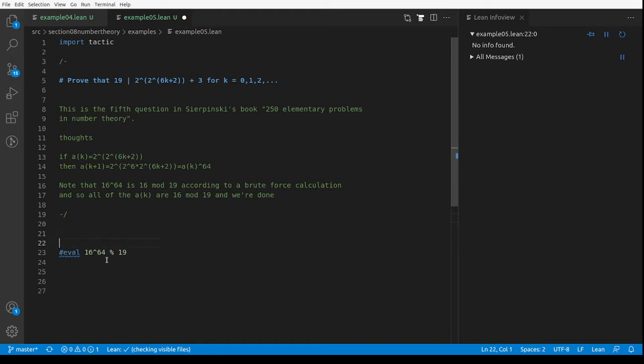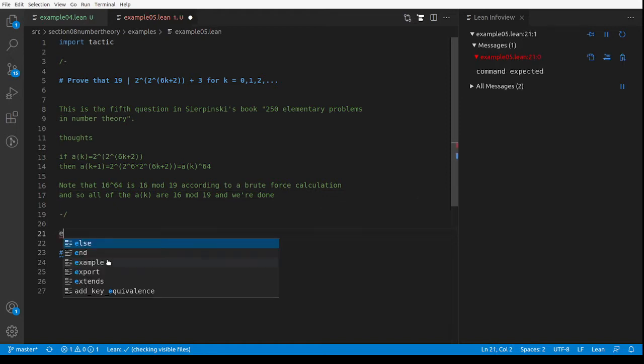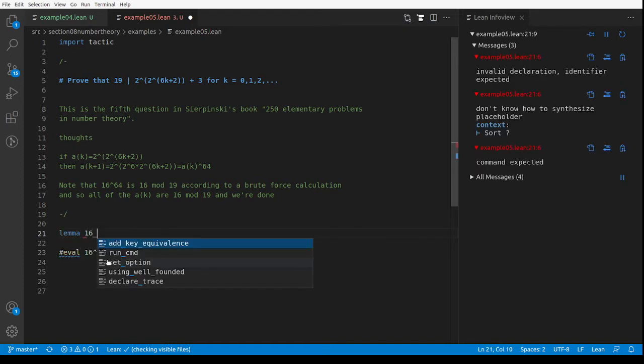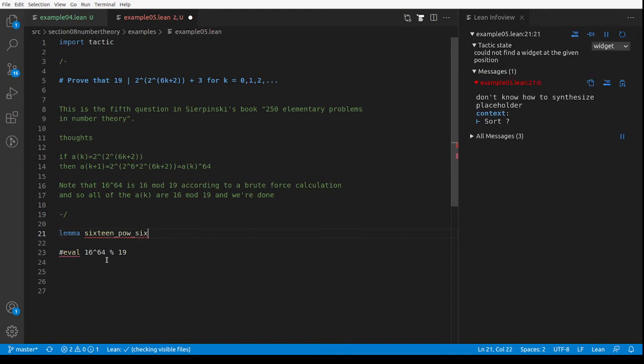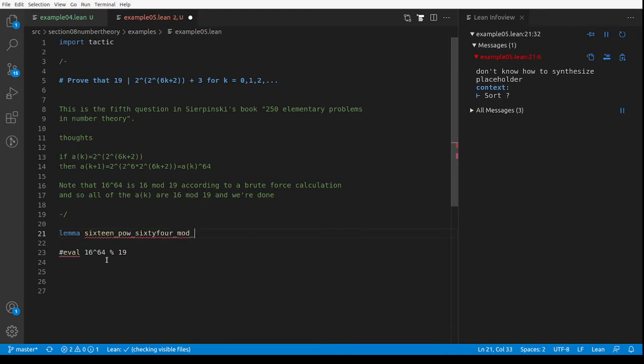I wonder if we can prove that though. So let's see if we can do it. So lemma 16 power 64. Oh, you can't begin with a number, I think. 16 power 64 mod 19.